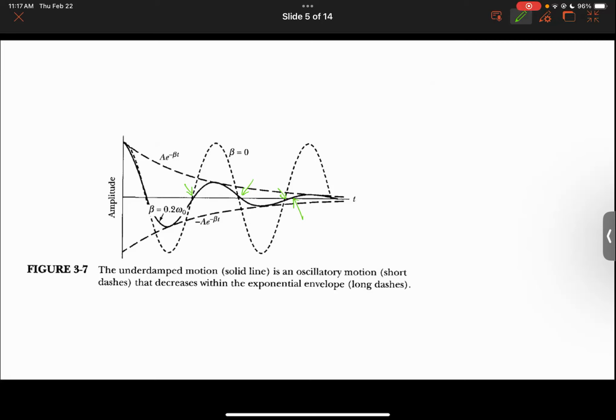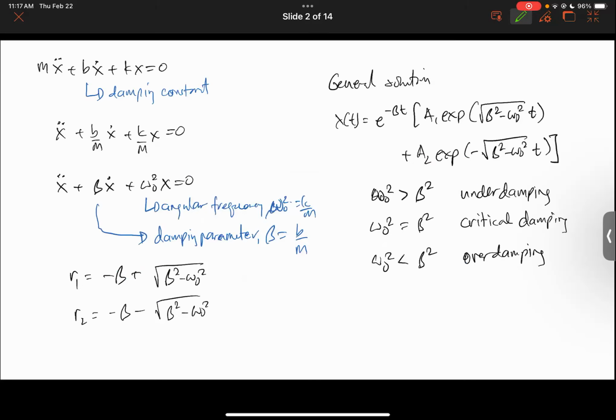In addition, yung amplitude nga niya ay lumiliit, and yung amplitude niya is described by this exponential minus beta. So in essence, if you go back to this equation, itong part na nasa square brackets describes yung oscillation. And itong part na may exponential describes yung decay.